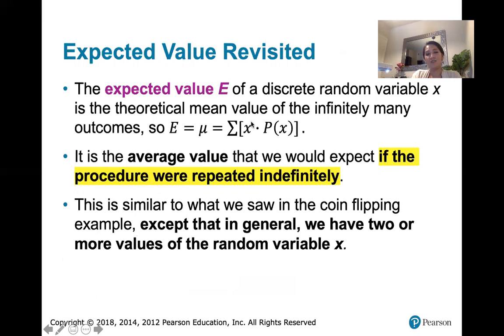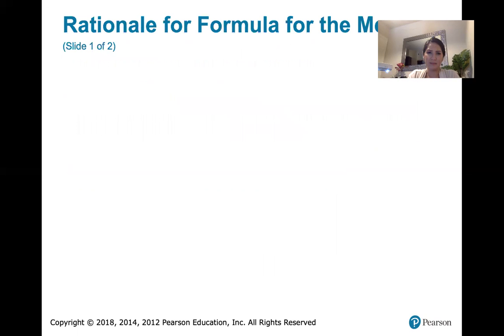So you're going to take each value of that random variable x, multiply by the corresponding probability, add them together, and then you'll get the expected value. So it's just like what we were talking about with flipping that coin, but you don't just have 2 outcomes, either 0 for getting tails or 1 if you flip heads.